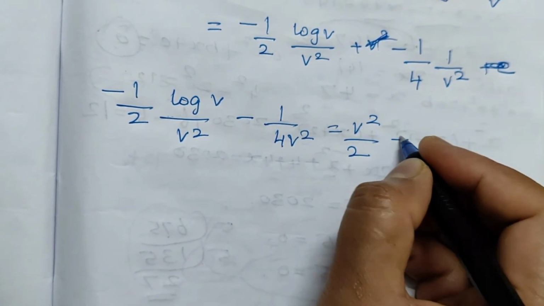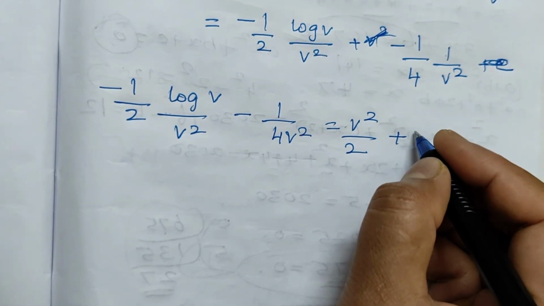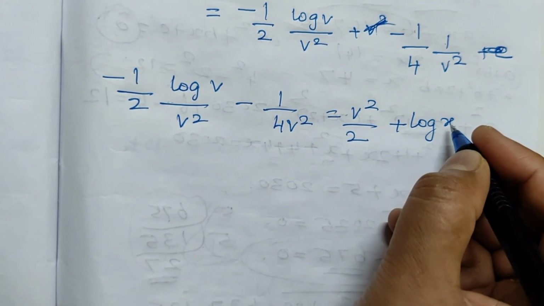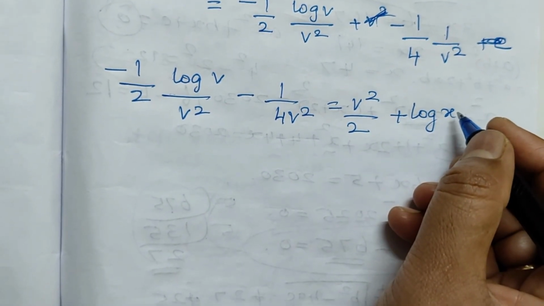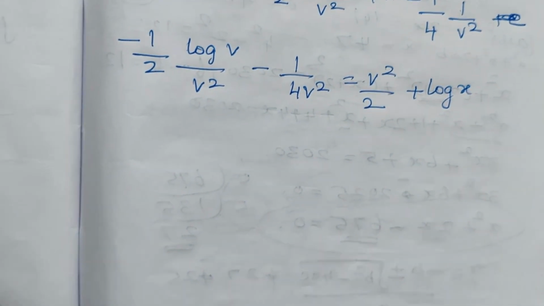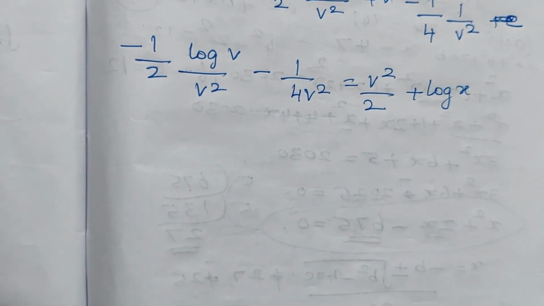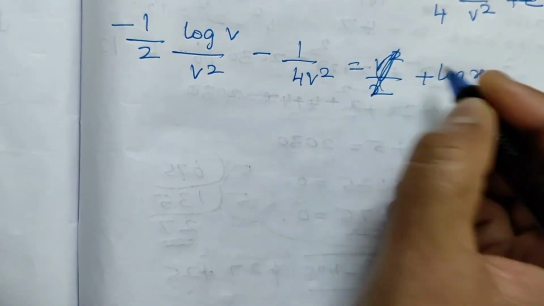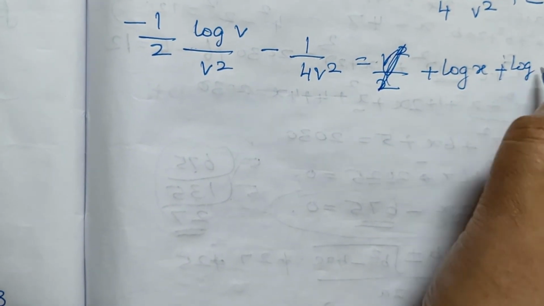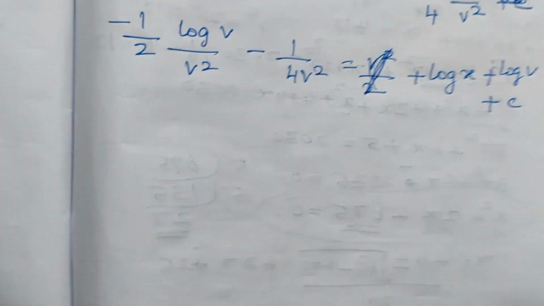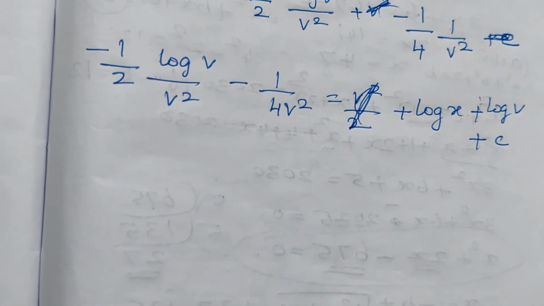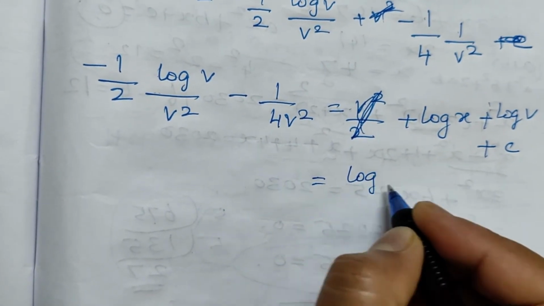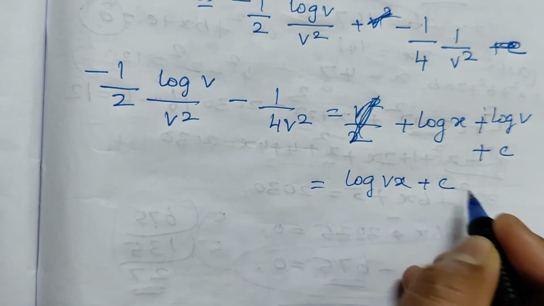Then the integral of dx/x equals log x. Here dv by v is log v plus c. So what you get is log of vx plus c.